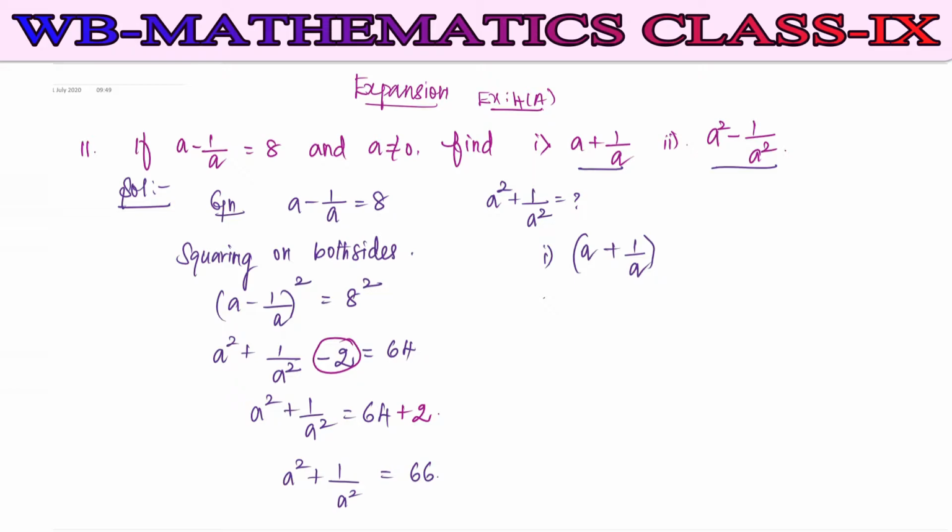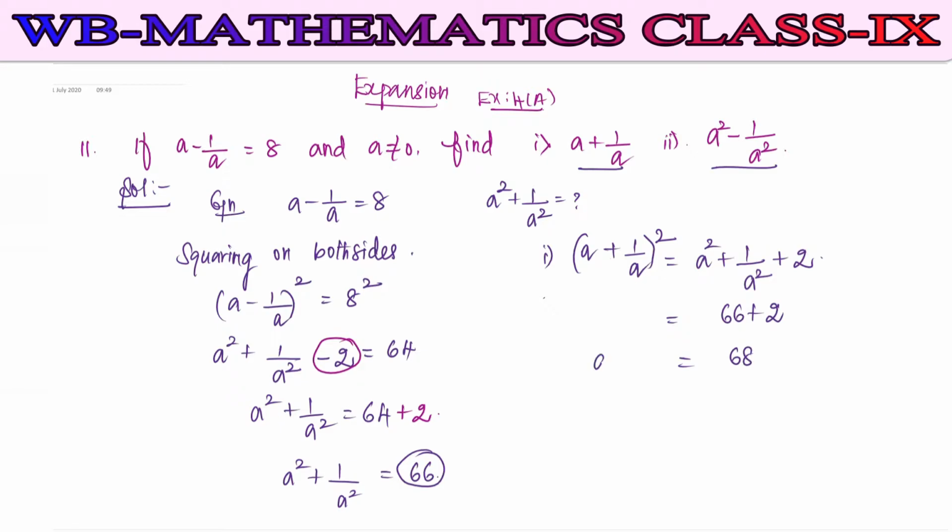So I am going to take square. a plus 1 by a whole square is equal to a square plus 1 by a square, plus 2. So a square plus 1 by a square value is 66. 66 plus 2 is 68.